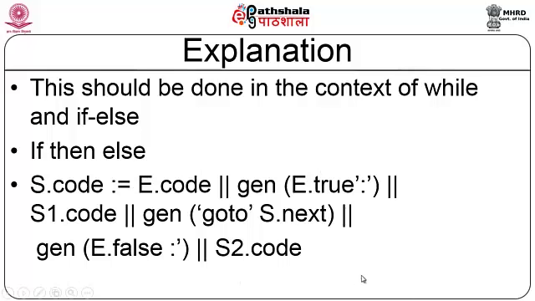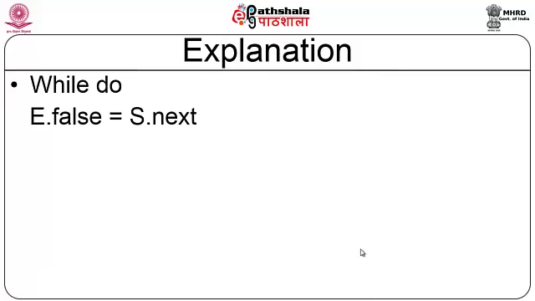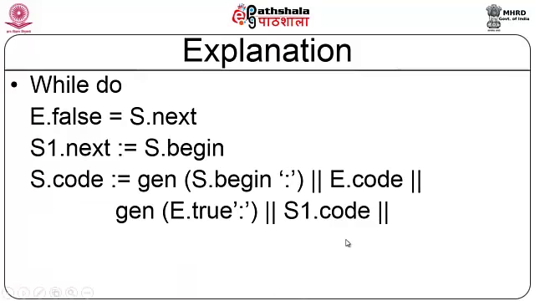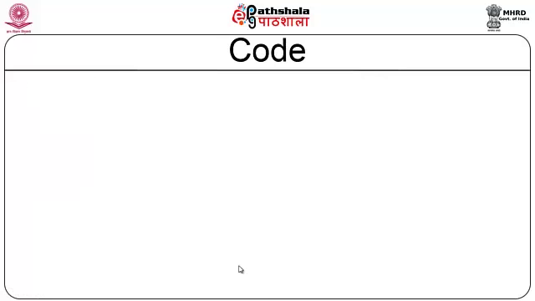There is one go to here which is an unconditional go to, and there will be one more unconditional go to which is part of the while's SDD. So therefore this is your scenario, S1 dot code, and then there is a go to S dot begin. So these two will be used.